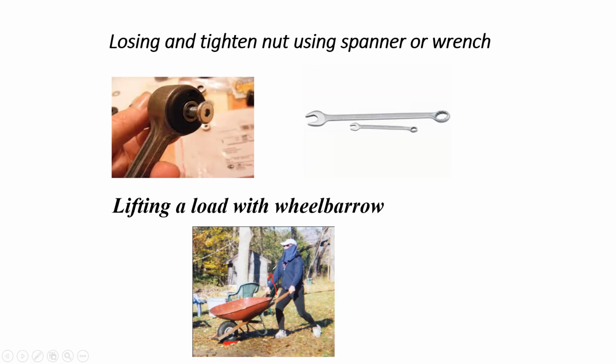When he is lifting it up, which rotation does he produce? He produces an anti-clockwise rotation. As he produces an anti-clockwise rotation, it means a moment is produced. Is this example clear? When he is lifting the wheelbarrow, he is rotating, and whenever there is a rotation, a moment is produced.